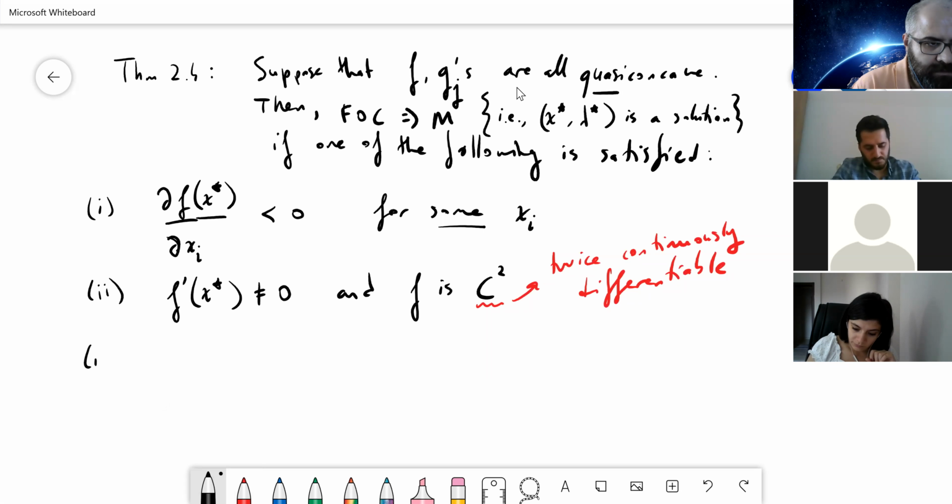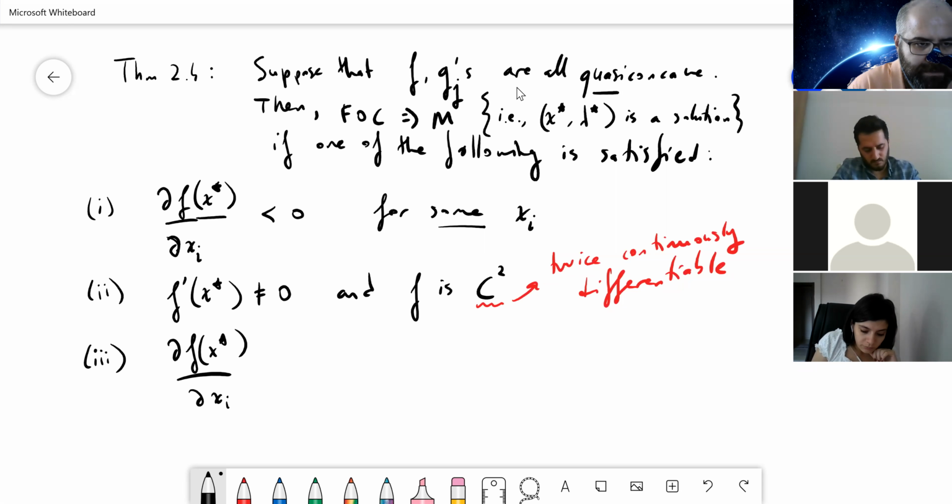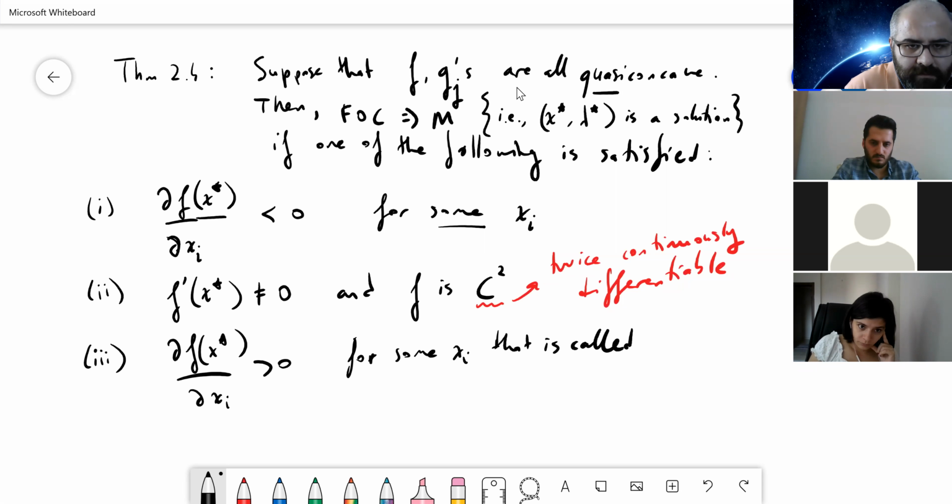Third, we have this. For some variable x_i, we have a positive derivative. For some x_i, that is called relevant.